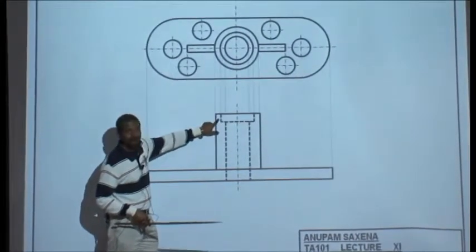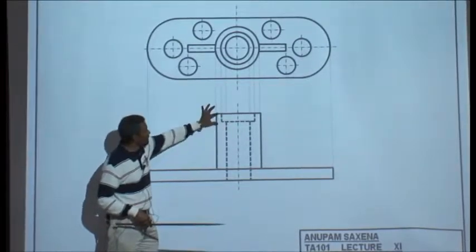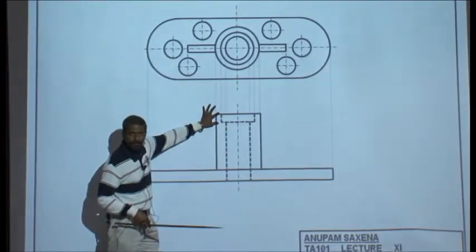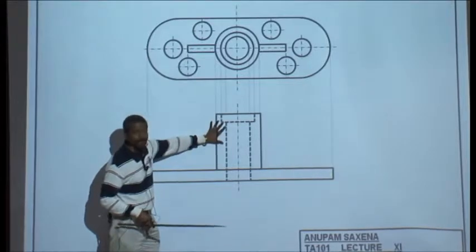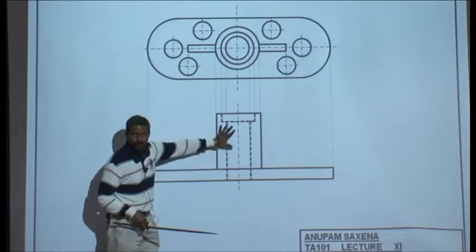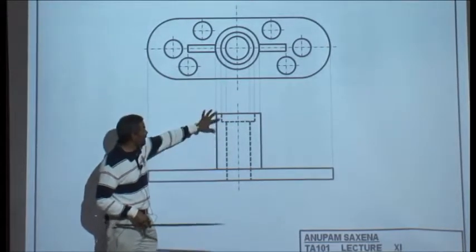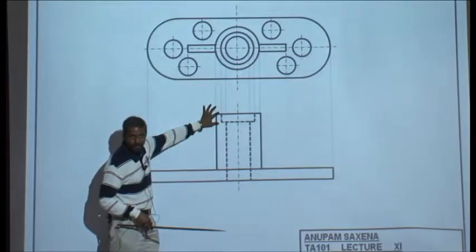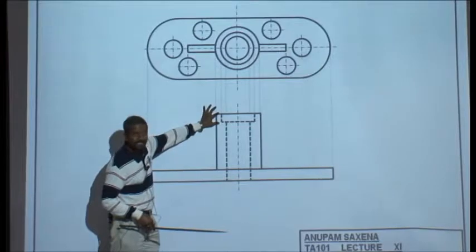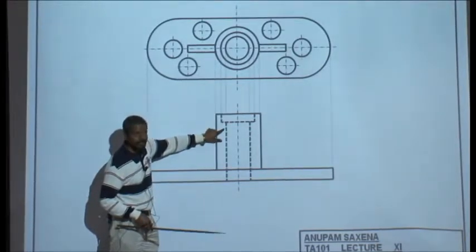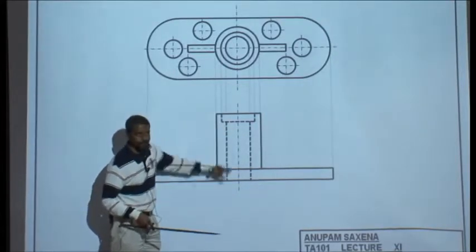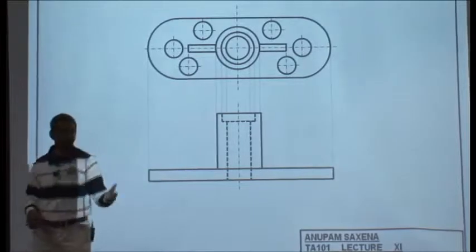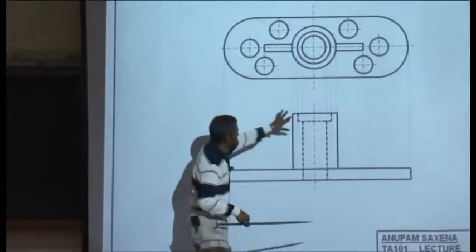Countersunk, phi something, something deep, comma, phi something through. Okay, once again, countersunk, diameter something, some distance deep, and then space or comma, phi something through. Okay, so this describes this entire feature.